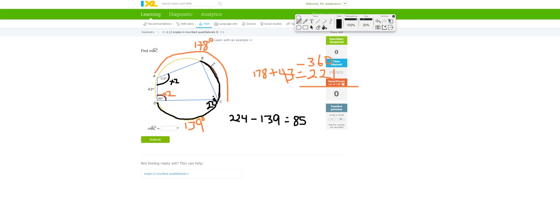That means that BC is 85 degrees. So that will be the answer there. This will be 85 degrees.